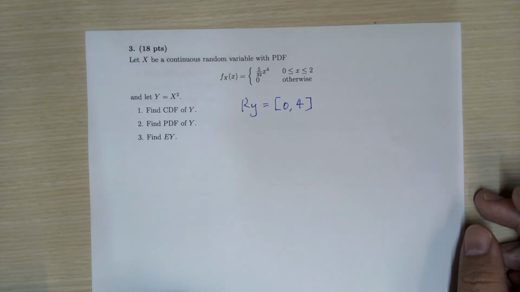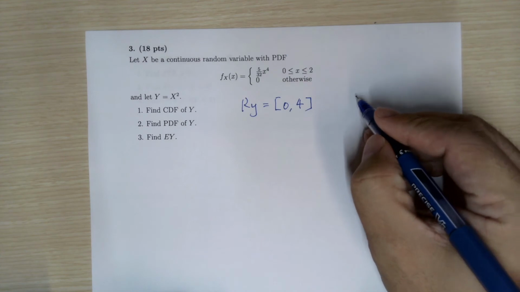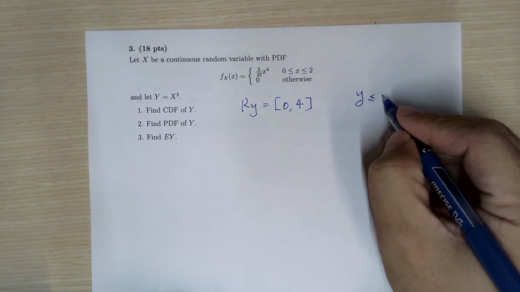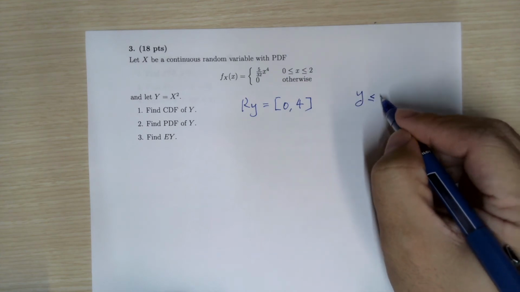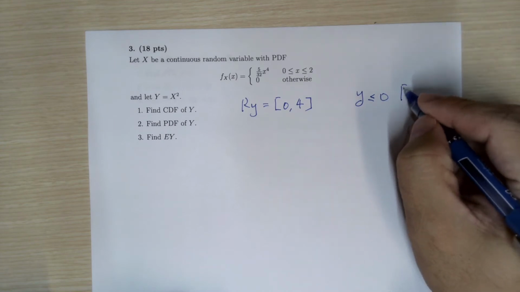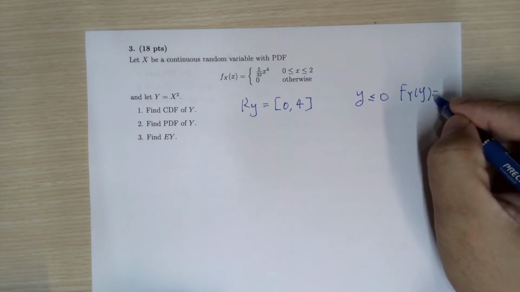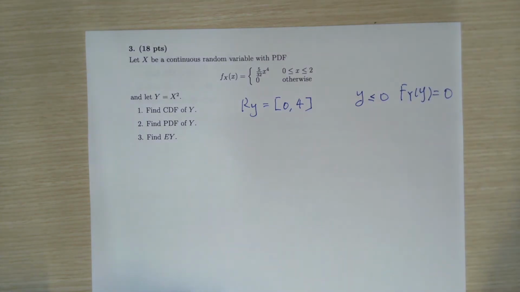So if we want to deal with the CDF, think about it: if y is less than or equal to 0, noticing that the CDF here is going to be equal to 0, okay?